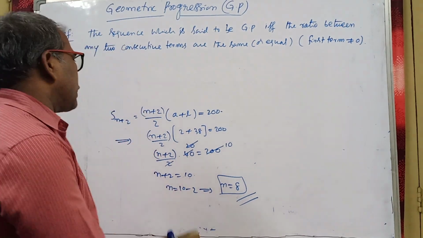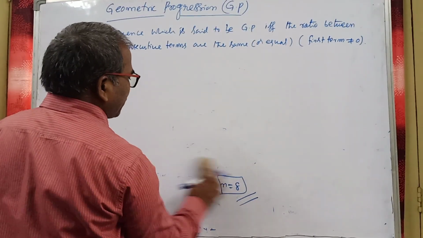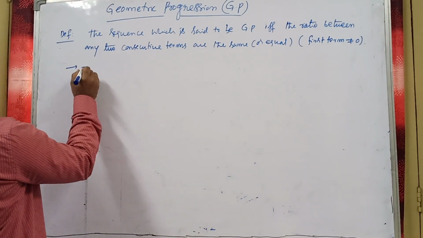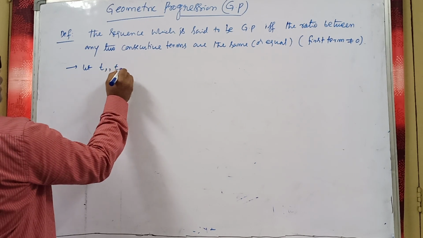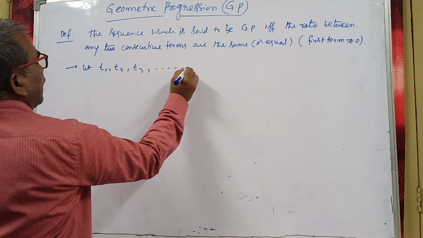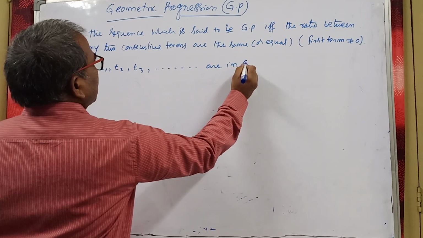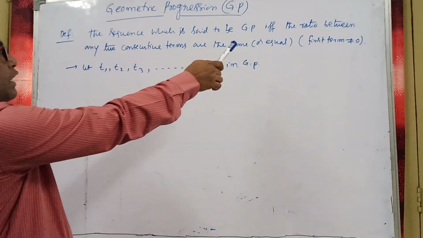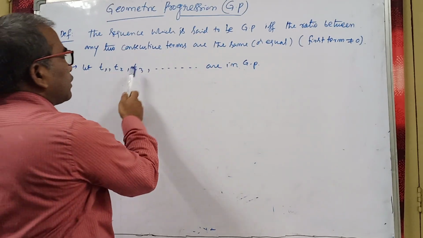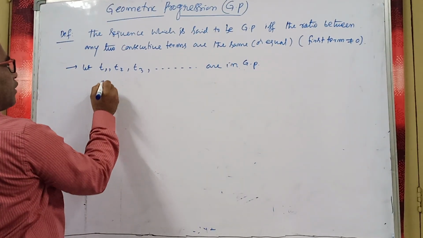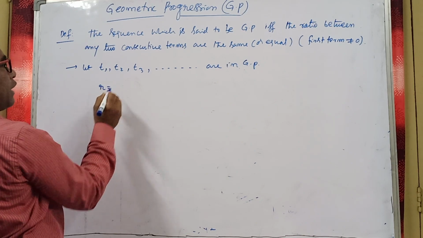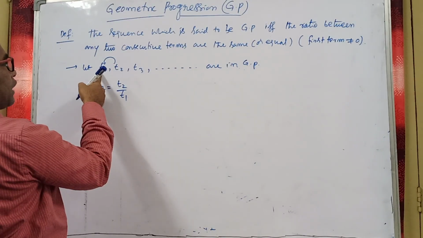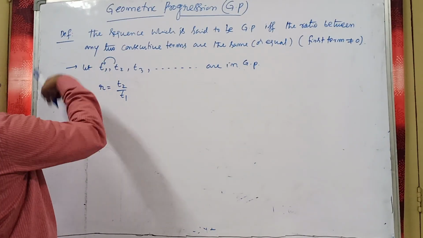So how is a GP formed? Let us see the explanation. Suppose T1, T2, T3, ... are in GP. If they are in GP, the ratio between any two consecutive terms is the same. The ratio is usually denoted with R. So T2 by T1, except first term, you cannot take T1 by something.